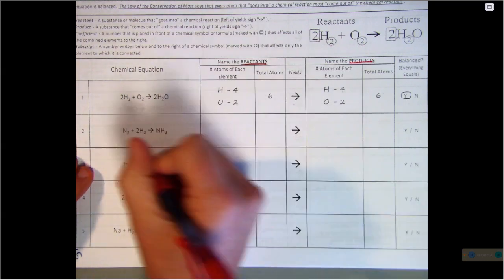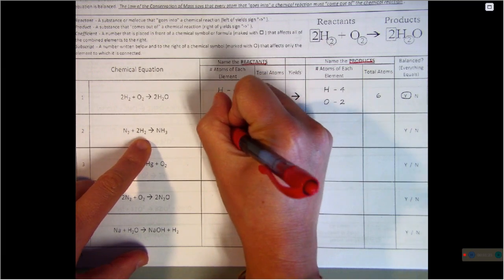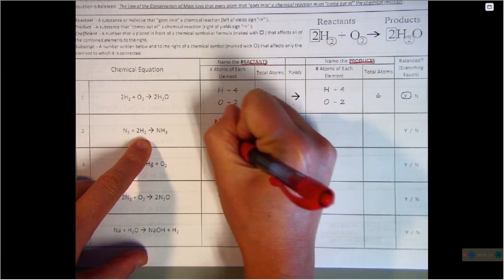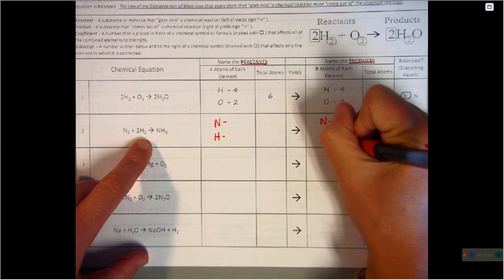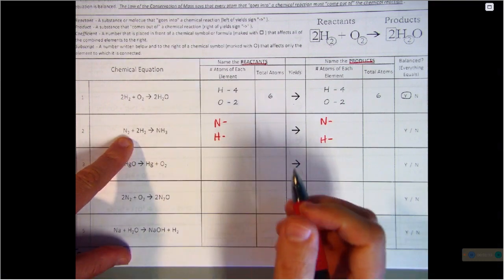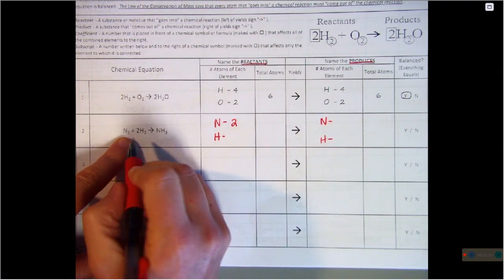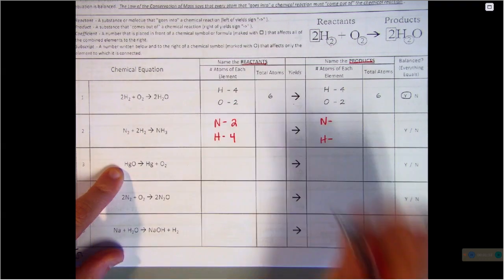So right here in number 2, I've got nitrogen and hydrogen on either side of the equation. I'm going to write N for nitrogen, H for hydrogen. Write them in the same order. On this side of the equation, I have 2 nitrogens, and 2 times 2 is 4 hydrogens.